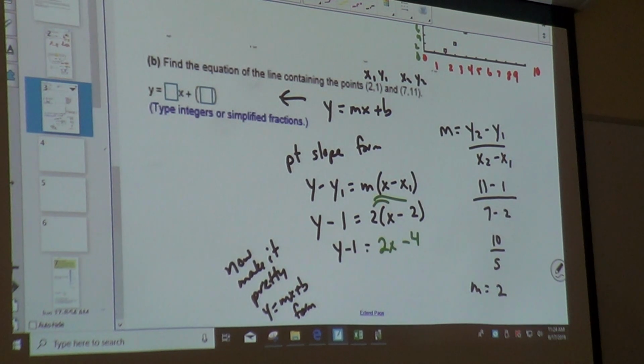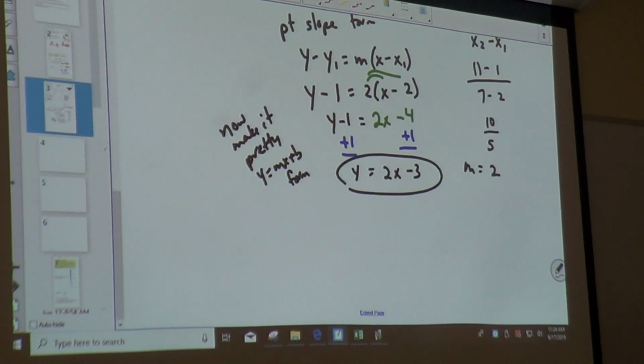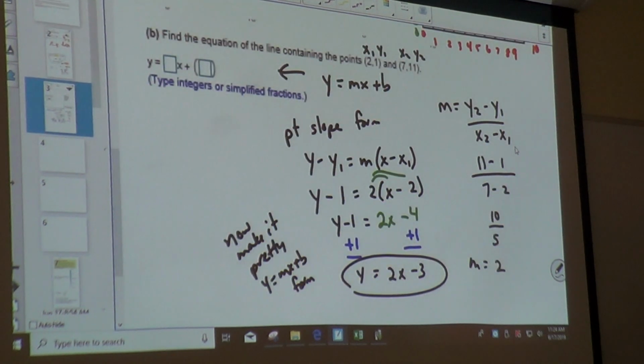So y minus 1 equals 2x minus 4. What do I need to do now to get y by itself? Add 1. So y equals 2x minus 3.